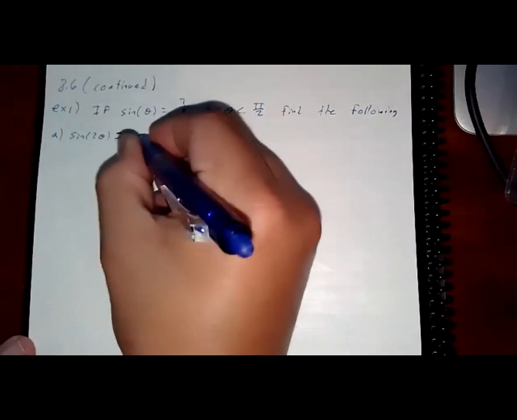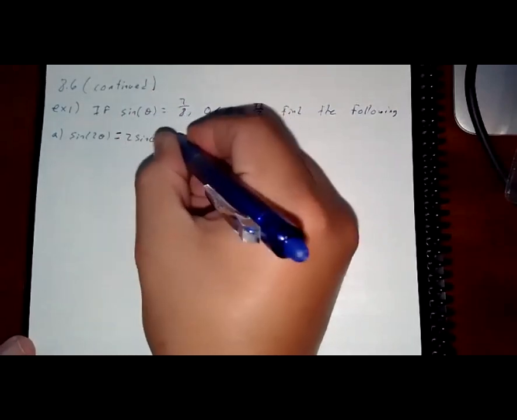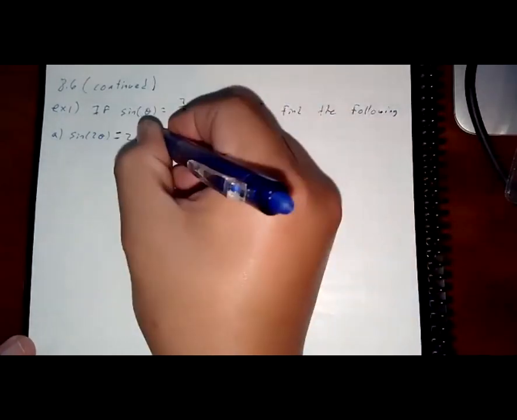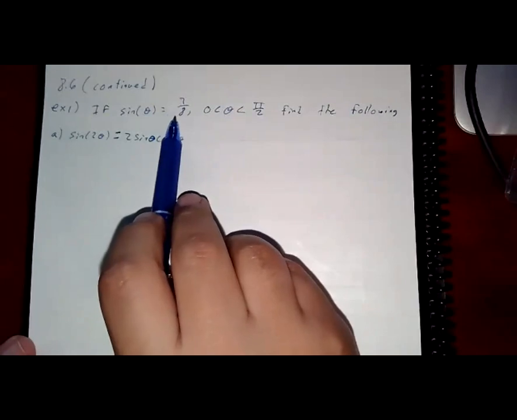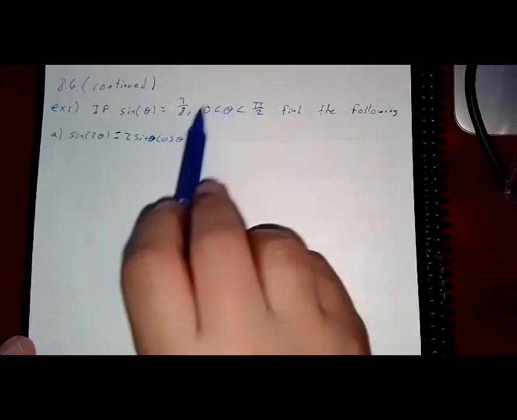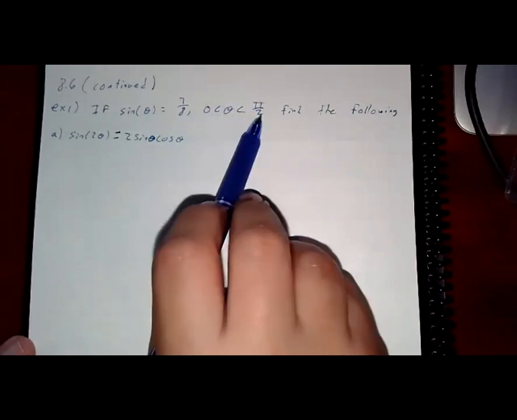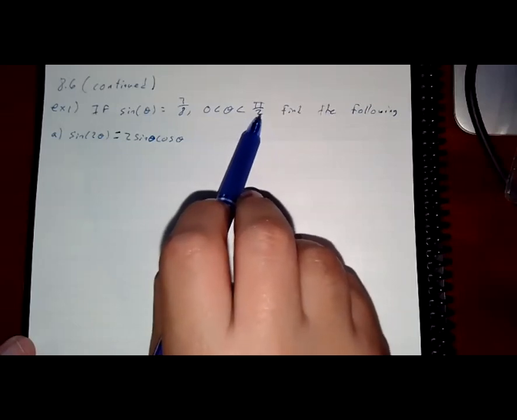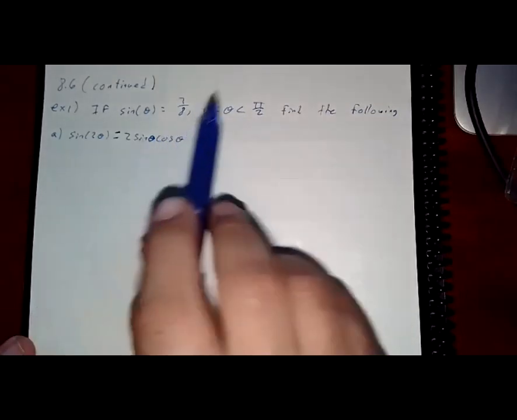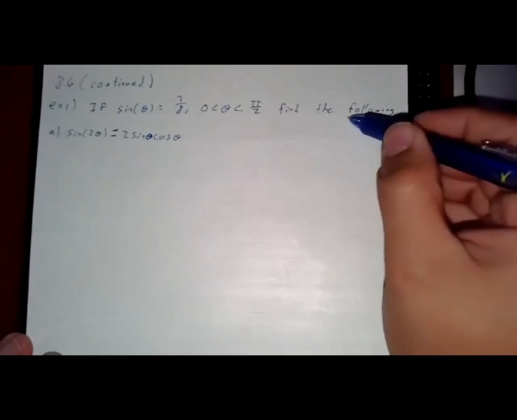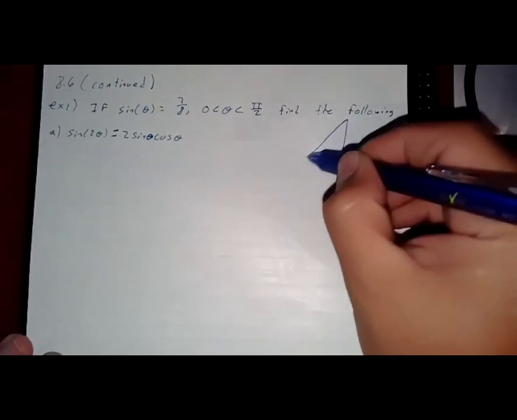Change it to 2 sine theta cosine theta. So now all we have to find is cosine because we have sine. Now we are in quadrant 0 to pi halves. That's quadrant 1, right? So both sine and cosine should be positive. So let's just find our Pythagorean theorem stuff.